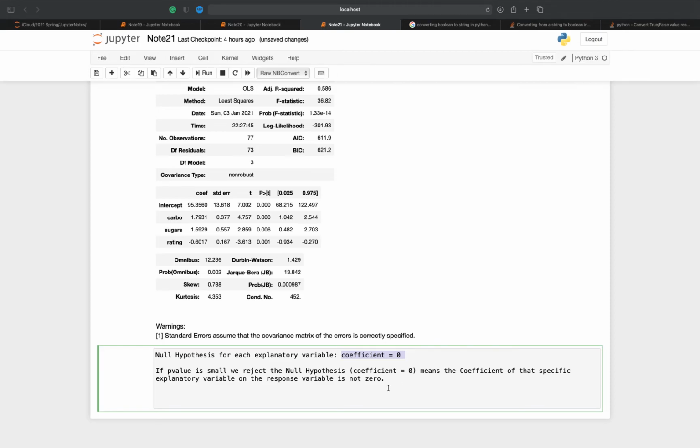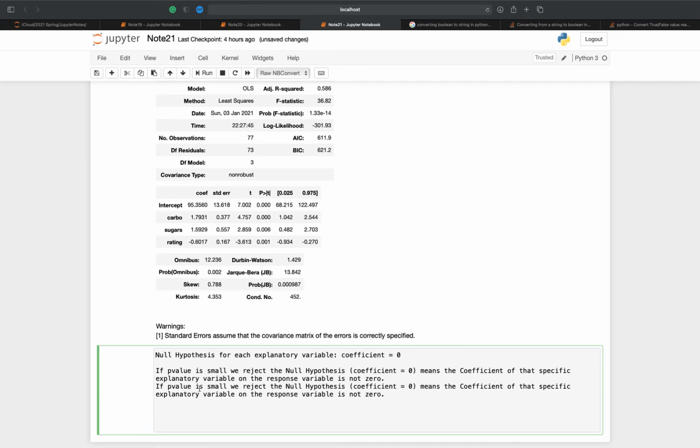When the p-value is large, we cannot reject the null hypothesis, which means the coefficient of this specific explanatory variable on the response is 0.